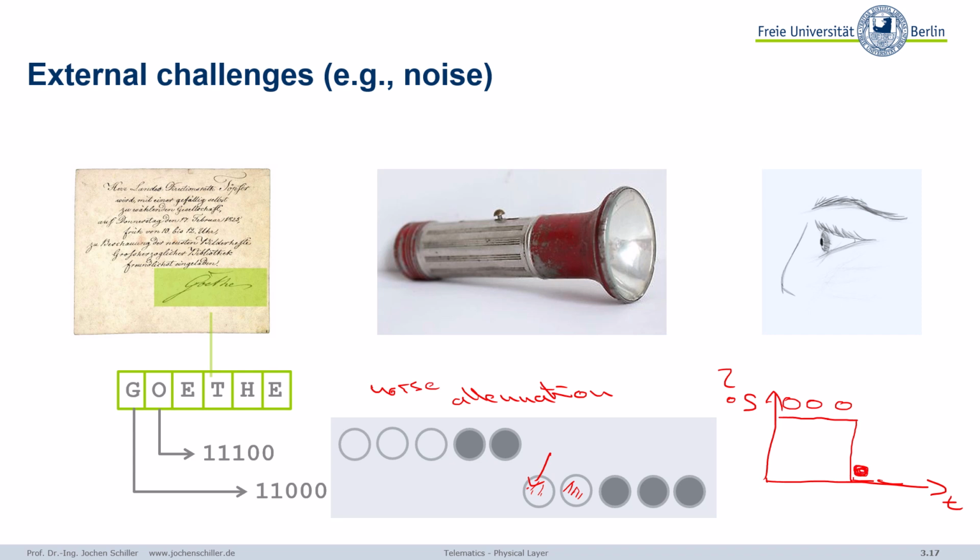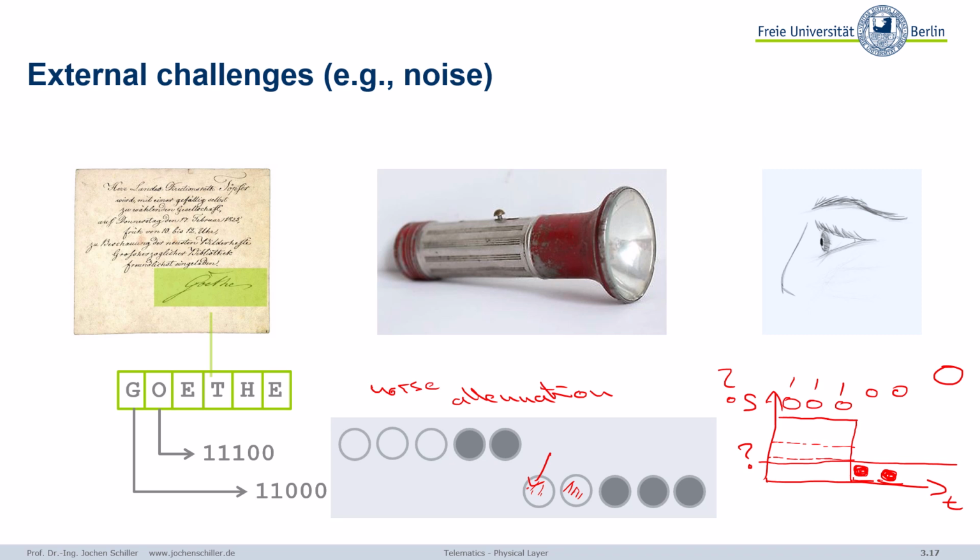These are our filled circles. Okay, so 1, 1, 1, 0, 0. So this is the capital O. But now if the fog comes, maybe the signal is weaker, only like this. Or if the fog is even stronger, the signal's like this. So where is your threshold when you then decide now it's really dark?